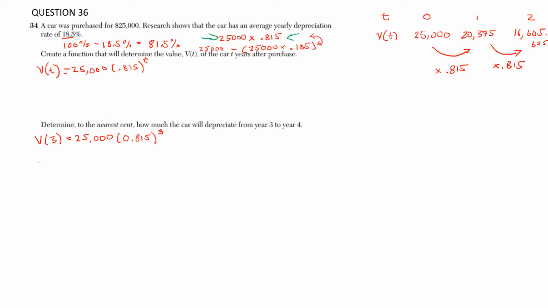And then v of 4 equals 25,000 times 0.815 to the fourth. And then the difference, v of 4 minus v of 3, would be our answer, correct?